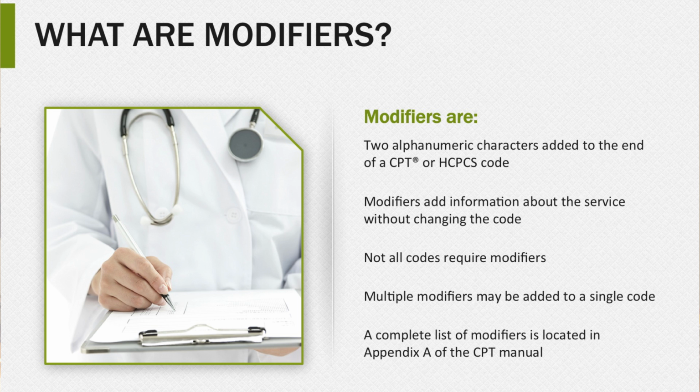It does, however, alert the carrier that these two services are normally not reported to the same person on the same day by the same physician. But in this case, that's exactly what occurred. You are also telling the carrier that your documentation does indeed support both services. A complete list of modifiers is located in Appendix A of the CPT manual.